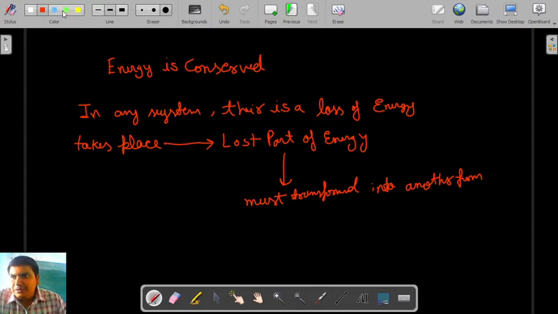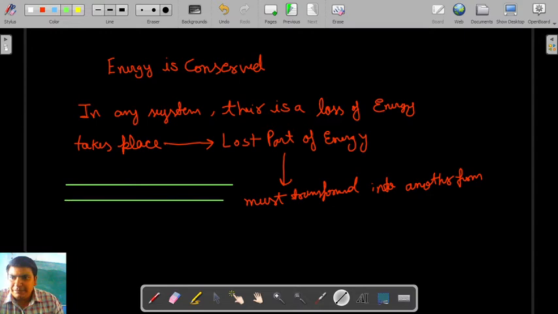Students, suppose we have a wire. As we had already discussed, in each conductor, in each wire, there is a resistance present in it. And why is the resistance present? Due to thermal vibrations. So when electric current is allowed to pass through this wire, there will be a hindrance in its path due to resistance.